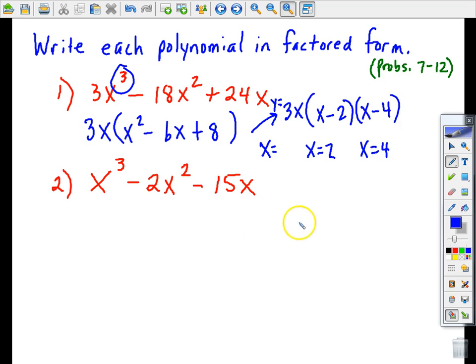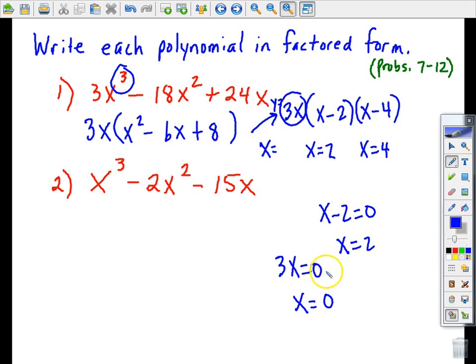-3. So how do we know what the zero for this would be? How did we get the zeros for these two? Looks like we just set them equal to 0 and solve. Well, let's do the same thing for 3x. If we set it equal to 0 and solve, what do we get?